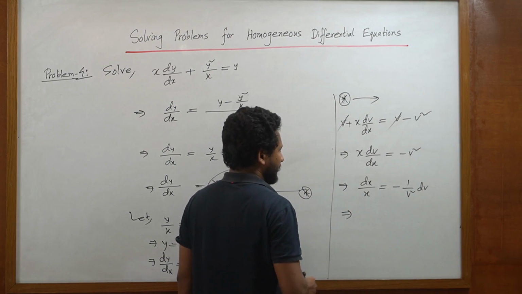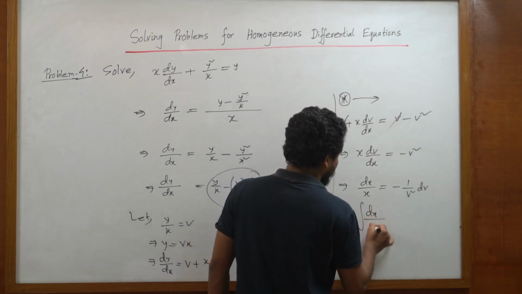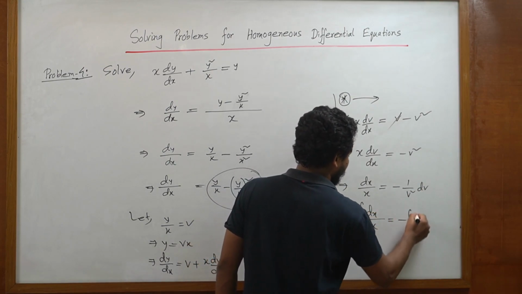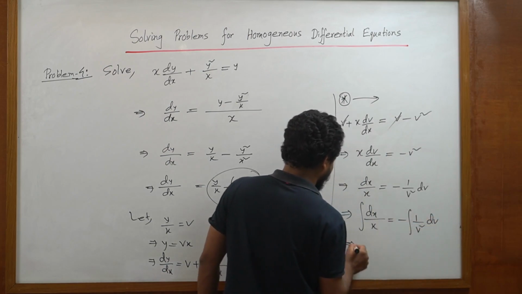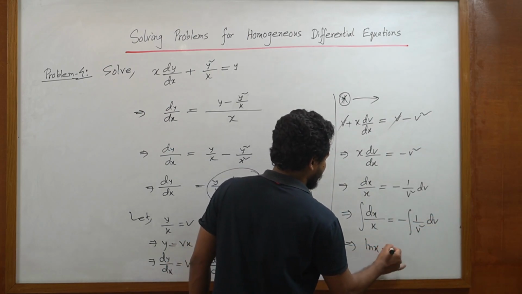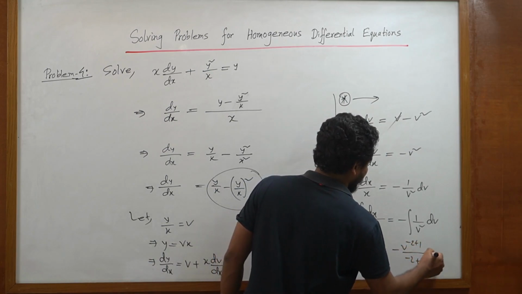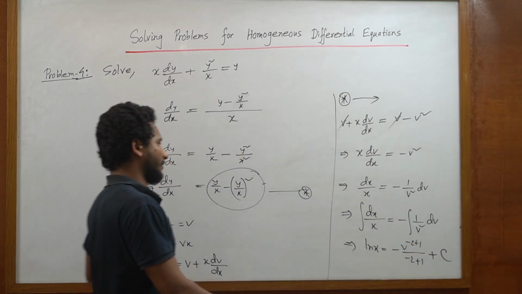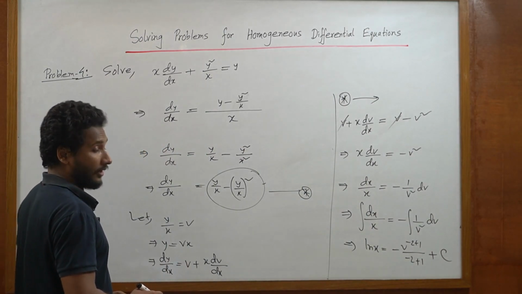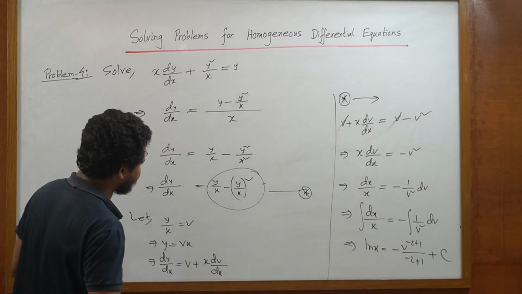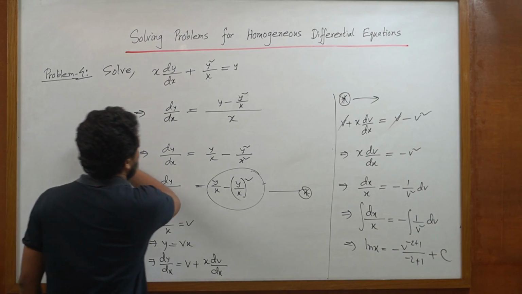Okay, integrating both sides, with respect to x, now you will get ln x equals minus v to the power minus 2 plus 1 by minus 2 plus 1, plus some constant.